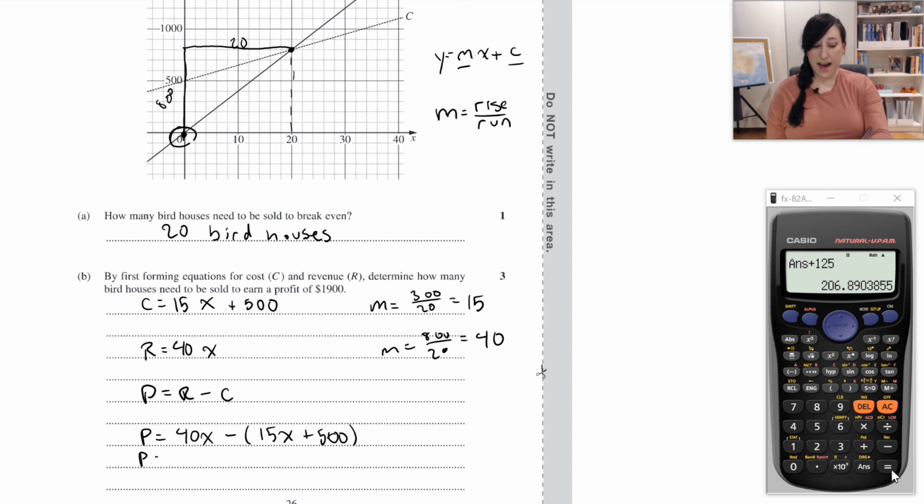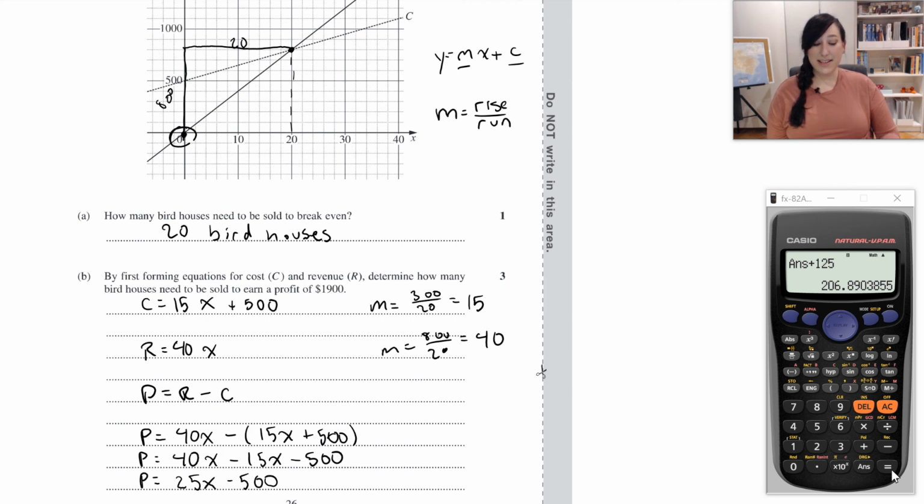We'll simplify that by expanding the minus through the bracket and combining like terms. Now we have an equation for profit given x, the number of birdhouses sold.